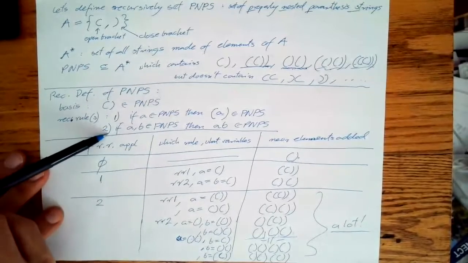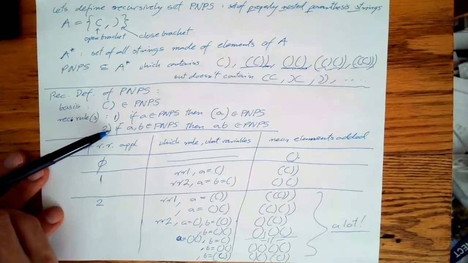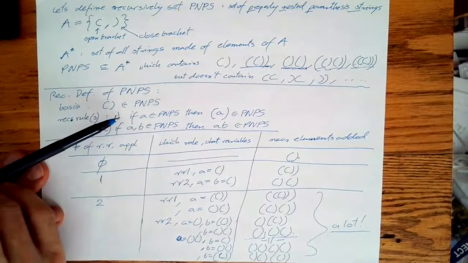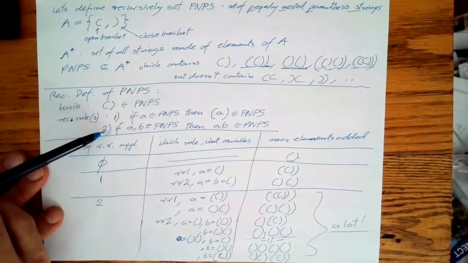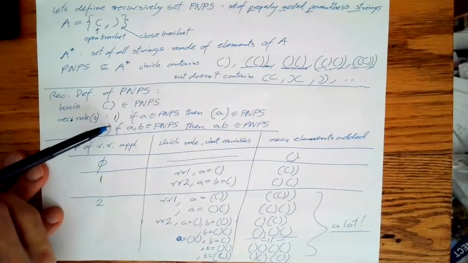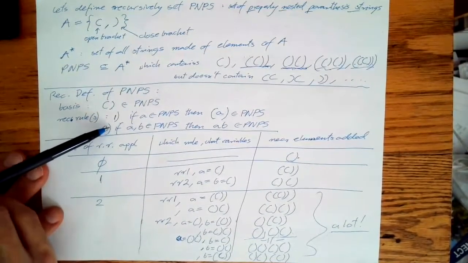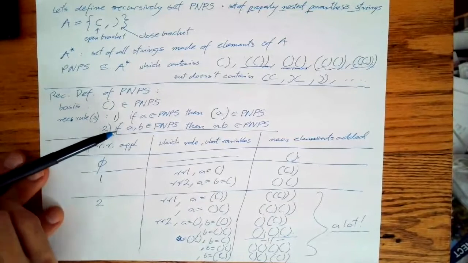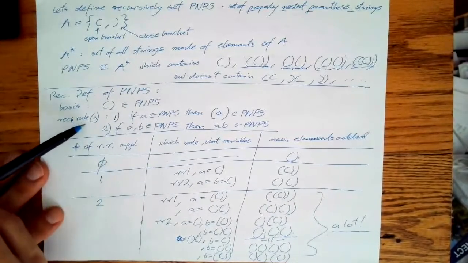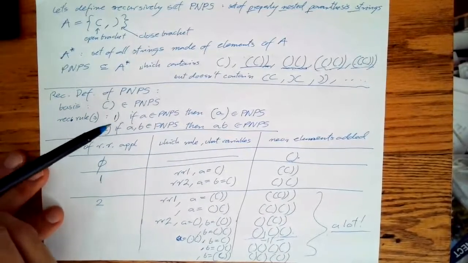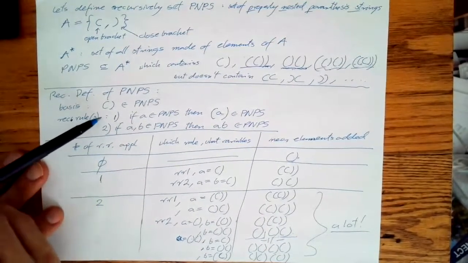Can you argue that these two rules will only generate strings with that property? We will use induction to do so. That induction has a name. It's called structural induction because it applies to structures that are recursively defined. But this is just a name. It's really one and the same thing as always.